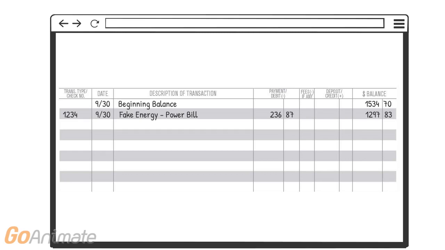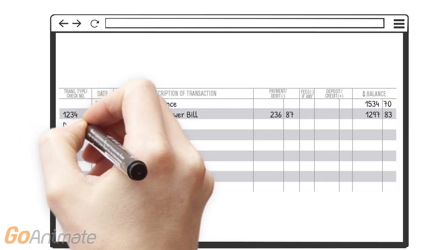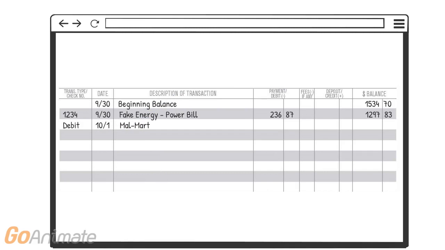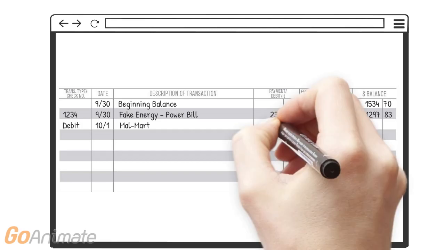This time we went to Walmart and bought some groceries. We decided to use our debit card for this transaction instead of writing a check. In our first column, we write debit, and again we write the date that the transaction was made. The description is Walmart because that's where we spent our money.